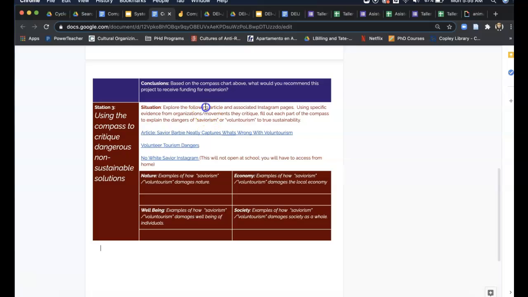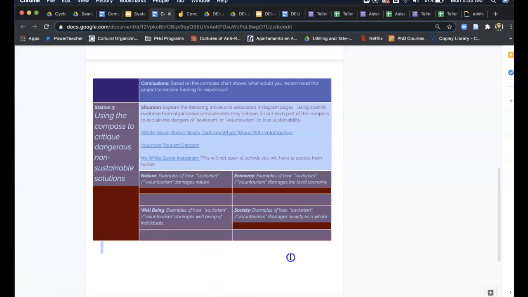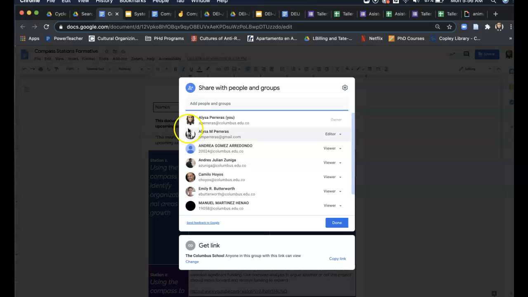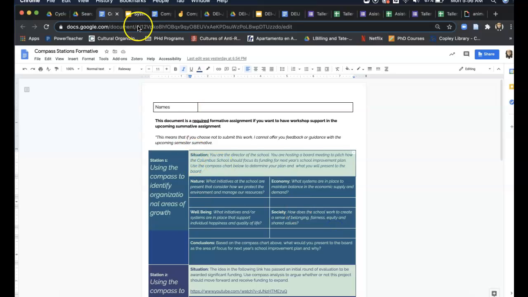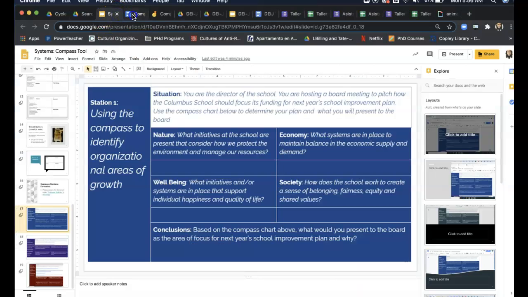The explanation is already given, that the concept of volunteerism is dangerous. It's harmful. So they're using Compass to explain why that harm is. So they don't actually have to write a conclusion. They're just coming up with bullet points. So that's their formative assignment that they're doing for Compass.